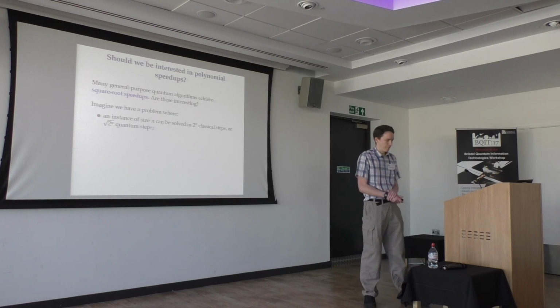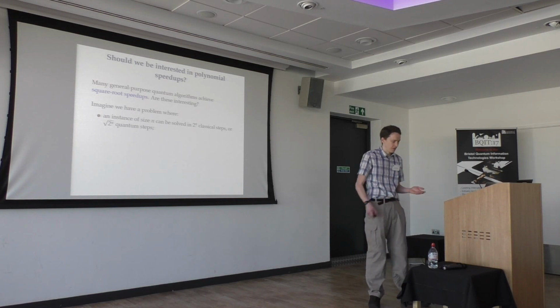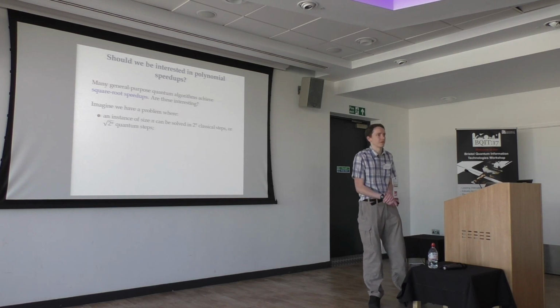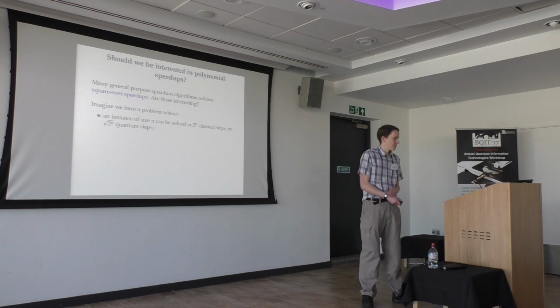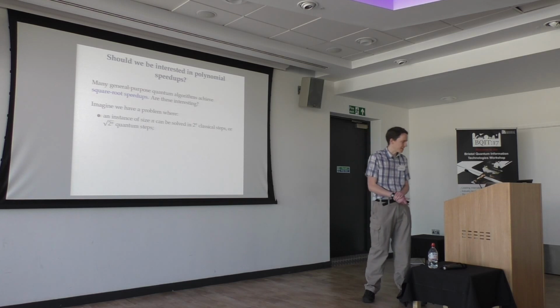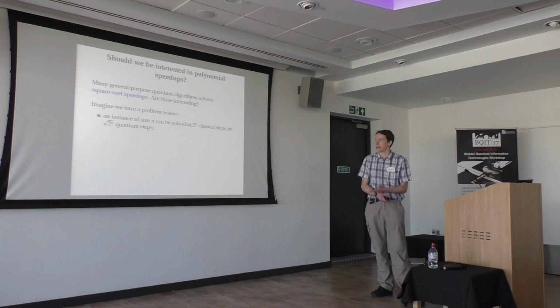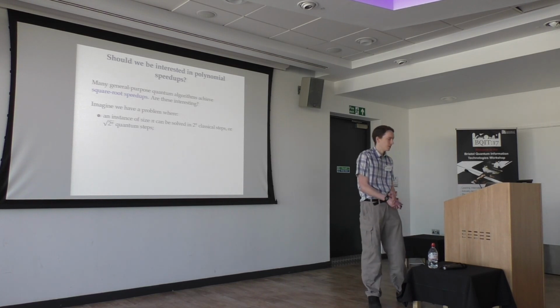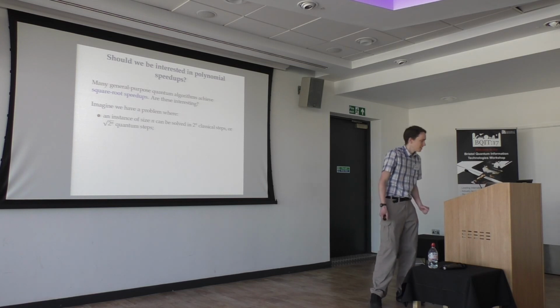If we have an instance of size n, so the input for this problem is n bits long, or we just parameterize the input by some size n, we might imagine that we only have an exponential time classical algorithm for this problem. So the best classical algorithm we have might run in time 2^n. This is not totally unrealistic because if we have some kind of NP-complete problem, for example, often the best algorithms that we have do run in time roughly 2^n.